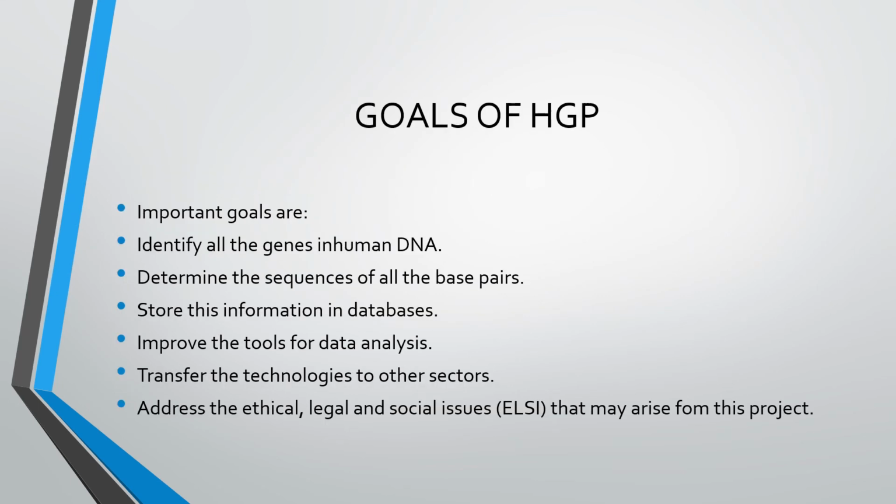Now, what were the goals of HGP? The important goals of the HGP are: first, as I explained in the beginning as well, the major goal was to identify all the genes in human DNA.